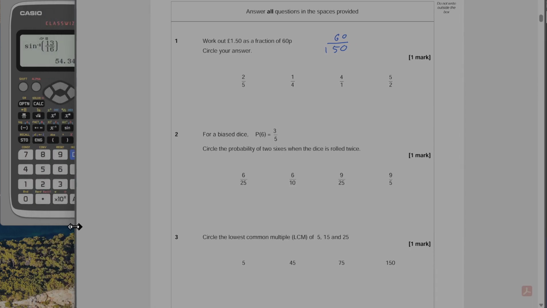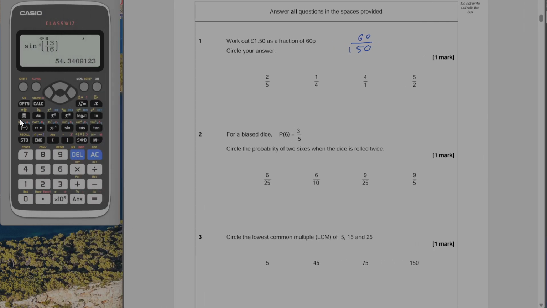But as we're on a paper 3, it makes sense to just use it wherever we can. So 60 over 150. I think it's going to cancel down by 30s. Yeah, 2 over 5. So 2 over 5 is our answer.